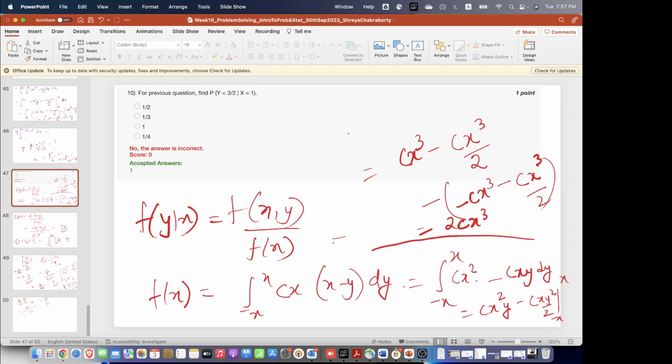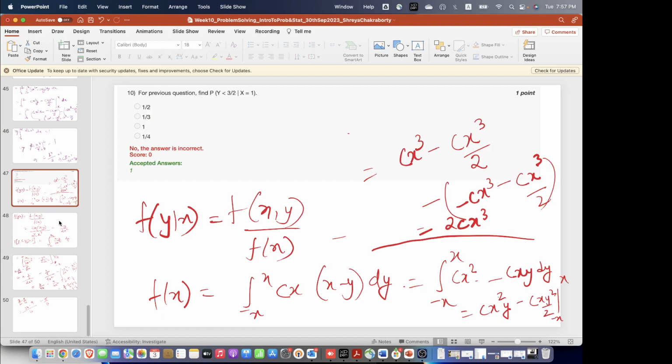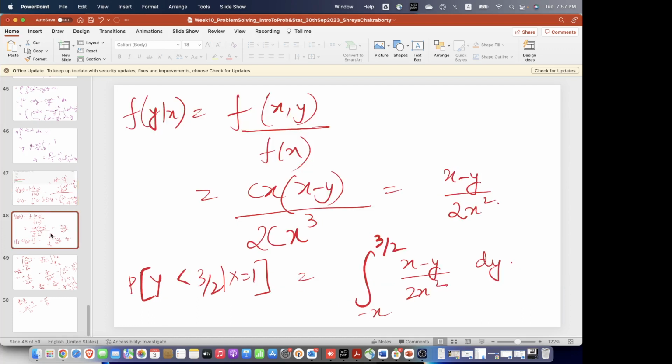Here we get f of x given y, this is, okay, so c by cx, this thing by c x cube, so c is cancelling, c by x square.